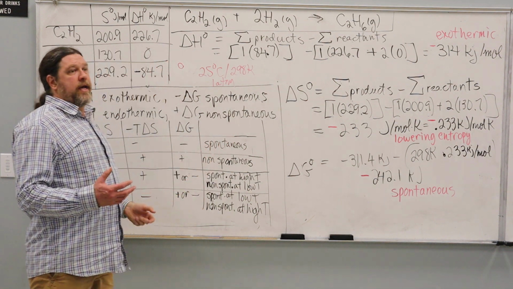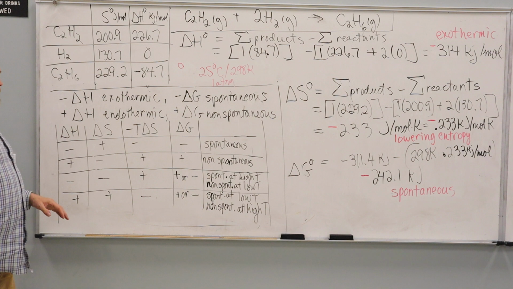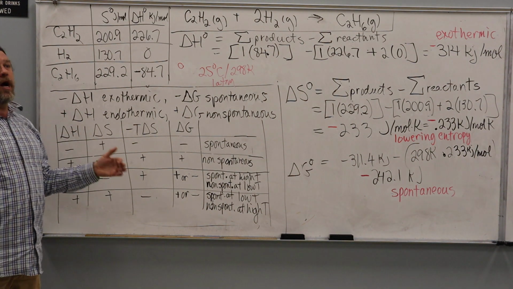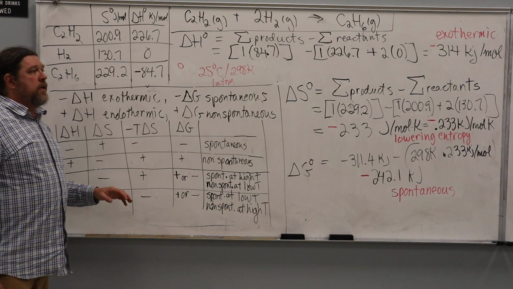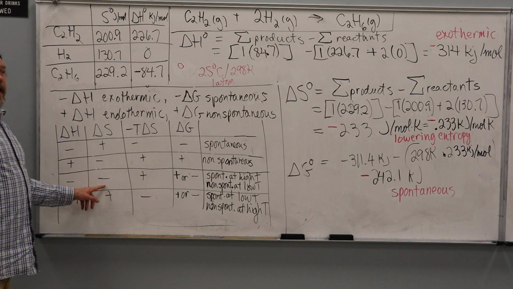It's a negative delta H. So we have the change in enthalpy that is actually driving towards spontaneity. But is it enough to overcome the negative entropy, the delta S?